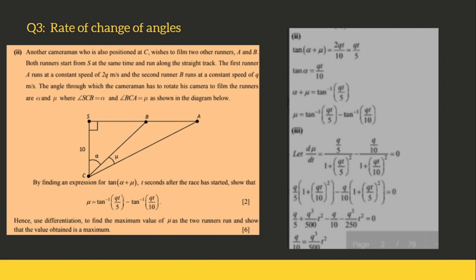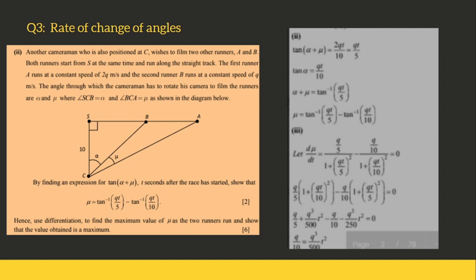Then afterwards, hence using differentiation, find the maximum value of mu as the two runners run and show that the value obtained is a maximum. What happens again is that we make reference to the formula in our MF26 of how to differentiate mu with respect to t. So we will have 1 over 1 plus qt over 5 all squared. Then we differentiate the qt over 5 to get our q over 5 at the numerator.